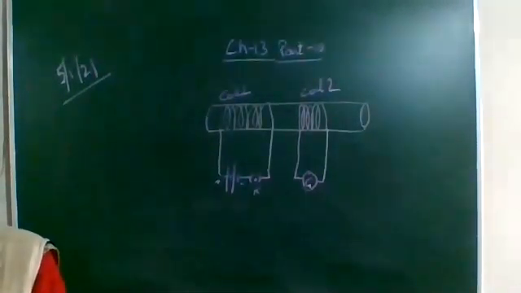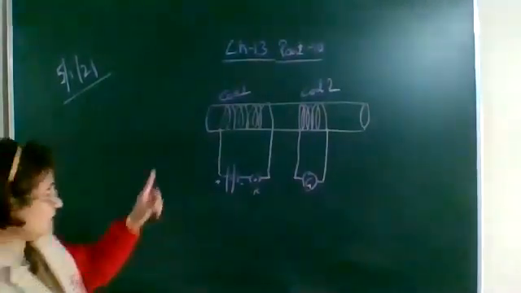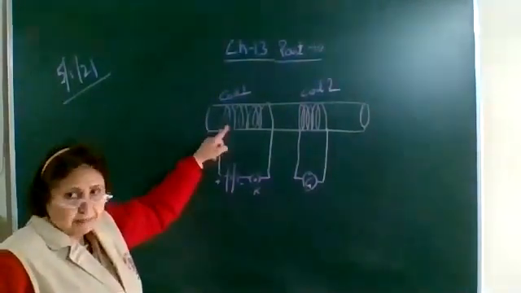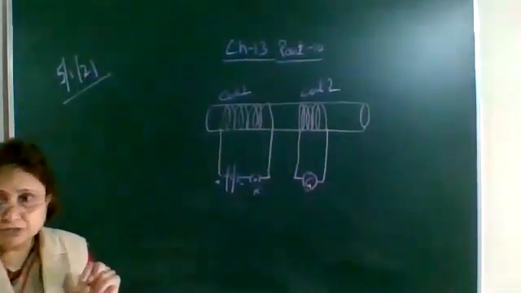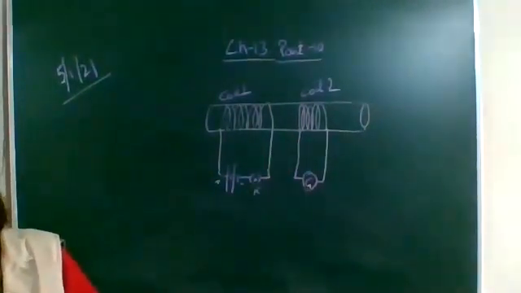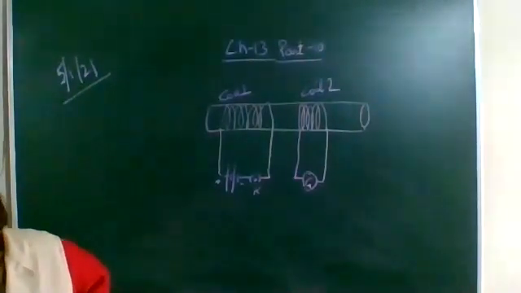As the current in the first coil changes, the magnetic field associated with it also changes. As the current is changing, the magnetic field is also changing. So the magnetic field with respect to coil 2 is also changing. Hence, the change in magnetic field lines associated with the secondary coil is the cause of the induced electric current.